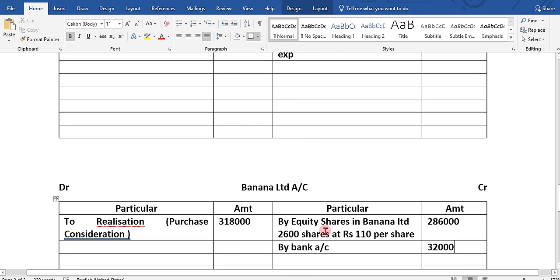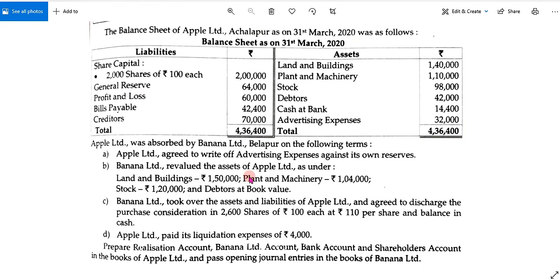Clear? So now here all the entries as per the question we have noted down. Like in the realization account we noted down all the assets, and advertisement expenses we reduced from general reserve. All the assets were valued of Apple Limited. We took all these assets to calculate the purchase consideration.